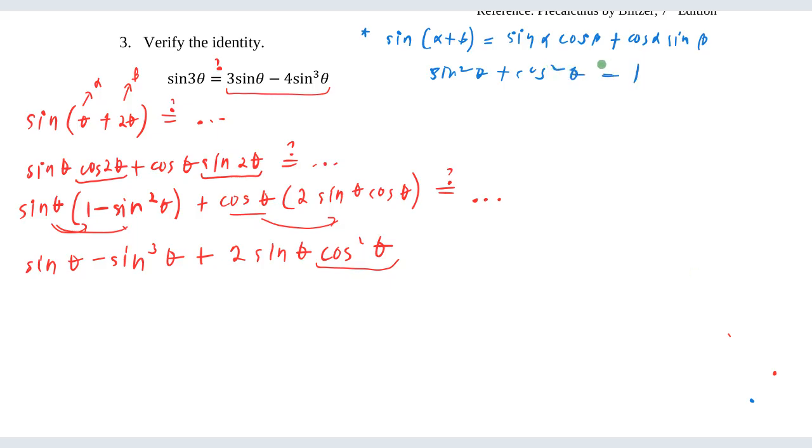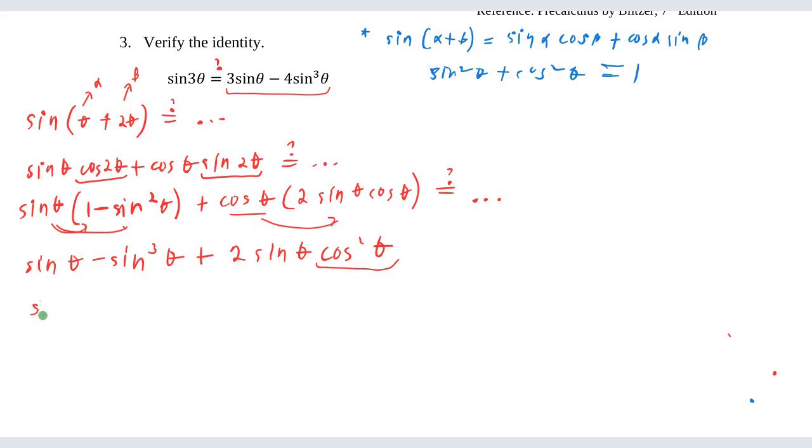I am going to use this to replace that cosine squared theta. If I subtract both sides by sine squared theta, I am left with cosine squared theta on this side. In that case, I will have 1 minus sine squared theta.